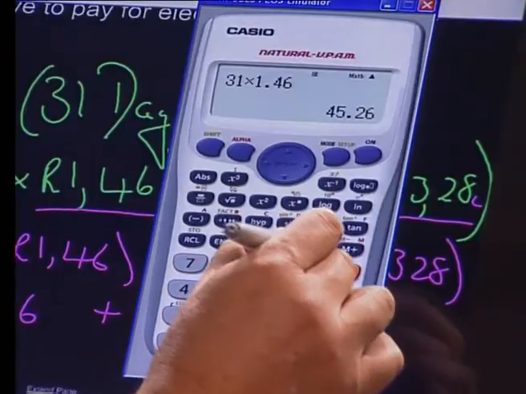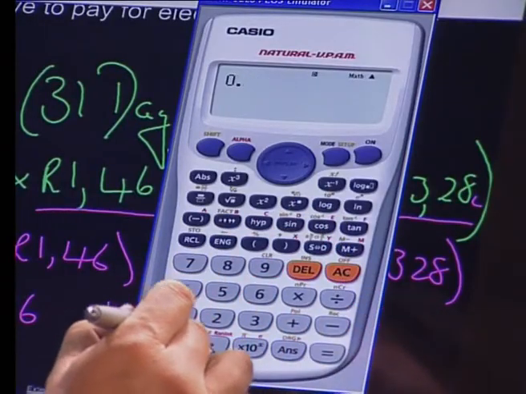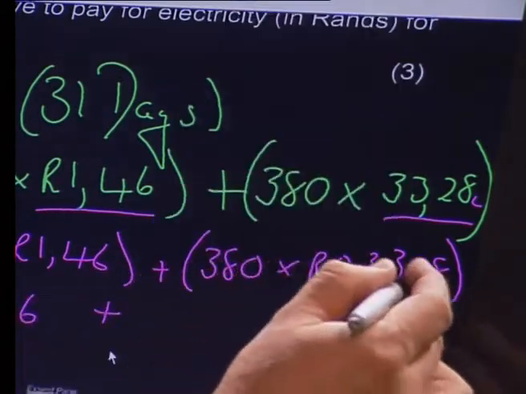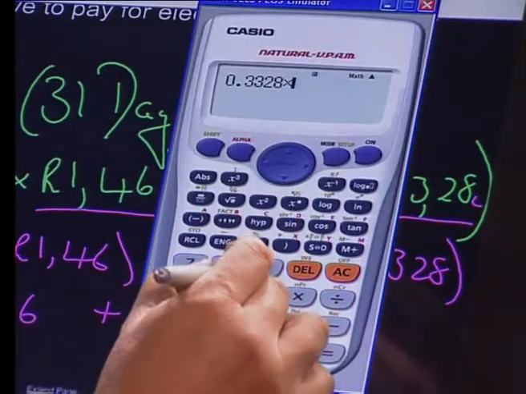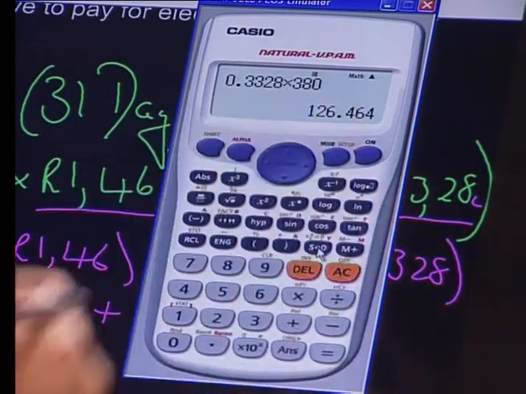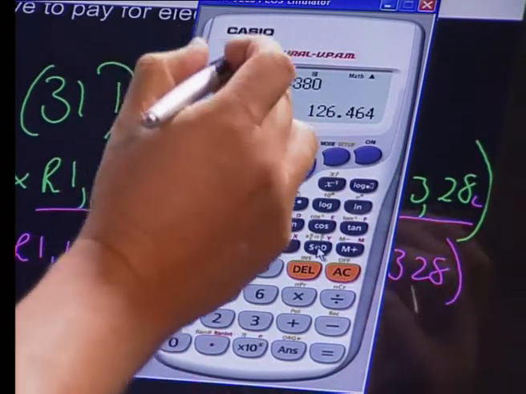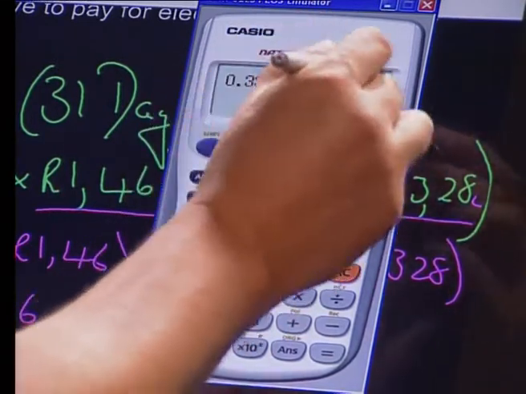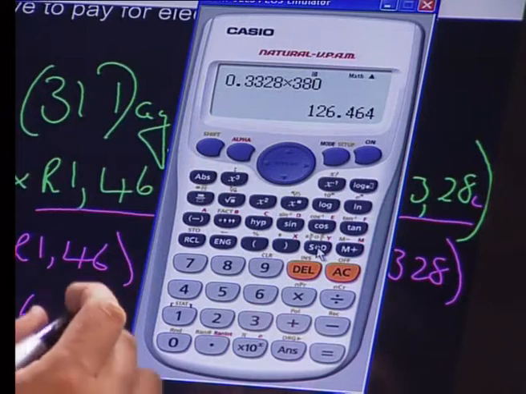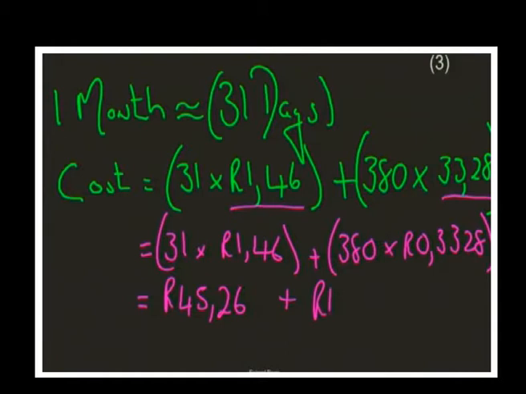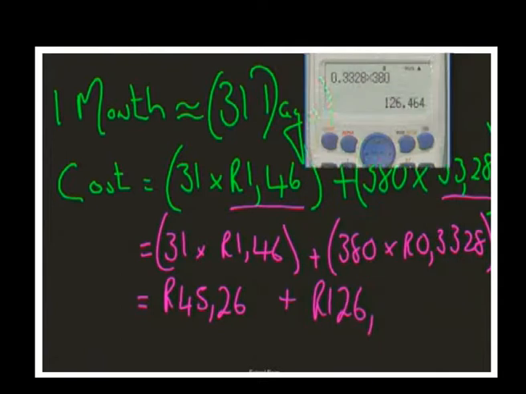We got, let's clear that, 0.3328 multiplied by, okay, 380. 380 units, and we're going to get an answer of 126 rand 46. Okay, I'm now going to round this off. So we're going to say I've got 126 rand, comma, what did we have? 46.